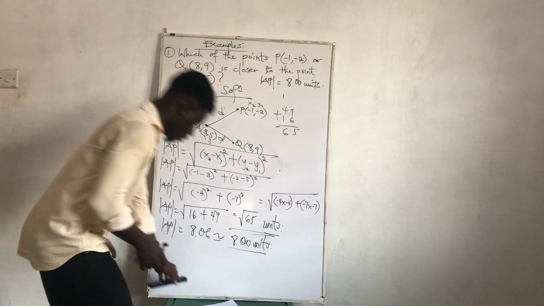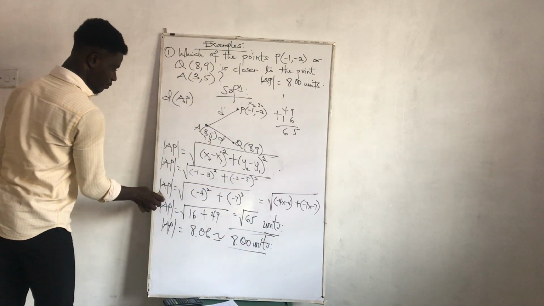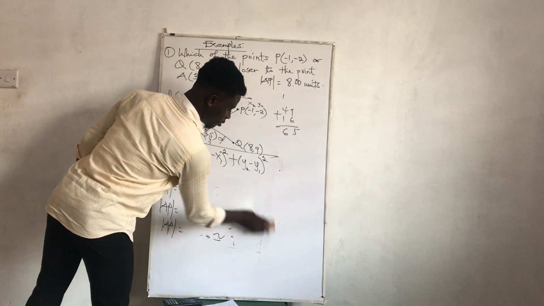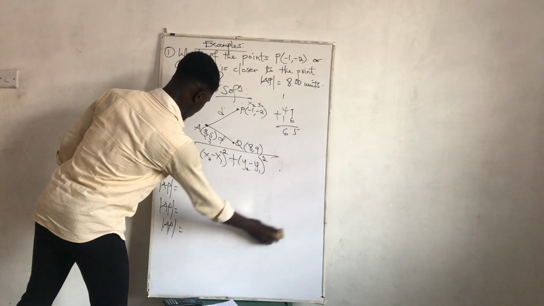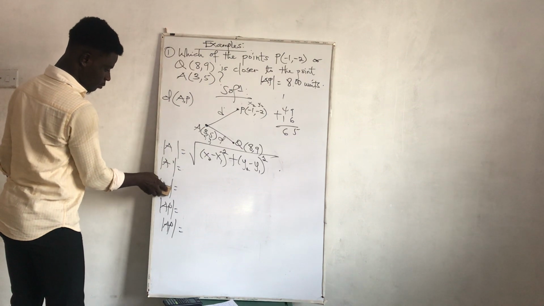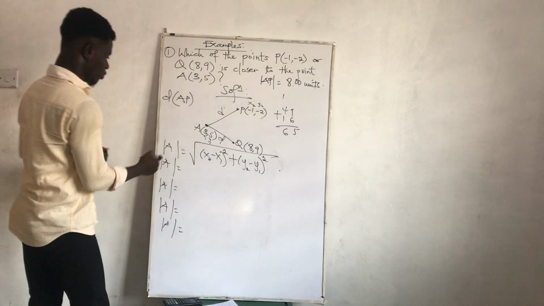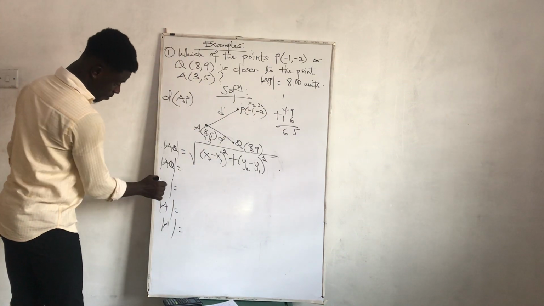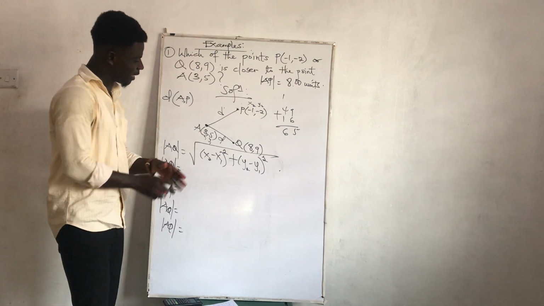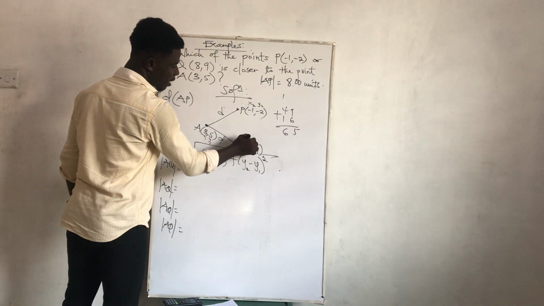Alright, so let's solve for AQ. So now we are finding the distance from A to Q. So now this one is x1, y1, then here x2, y2.